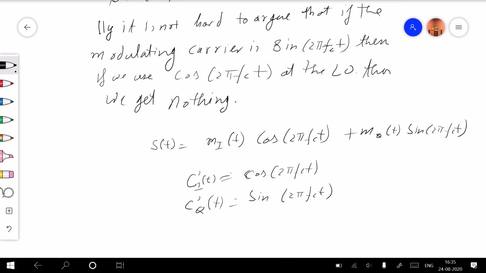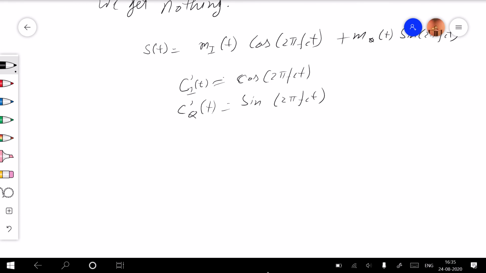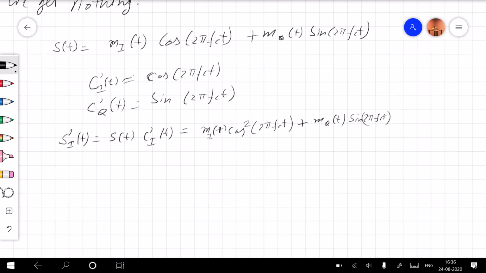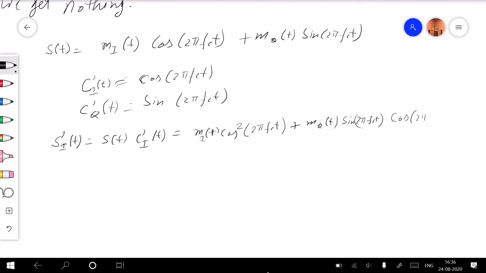Now S prime I(t) equals S(t) times C prime I(t), which equals M_I(t) cos square 2 pi fct plus M_Q(t) sine 2 pi fct cos 2 pi fct.